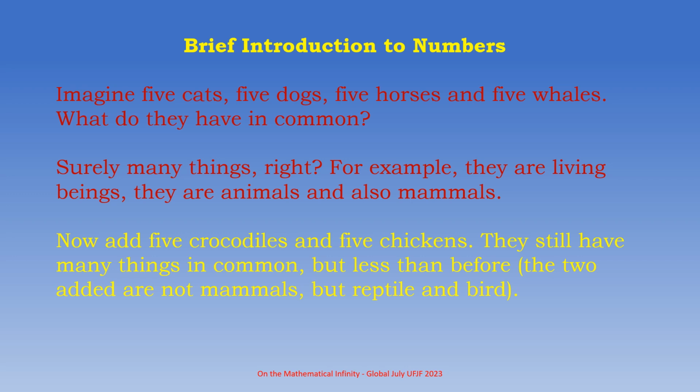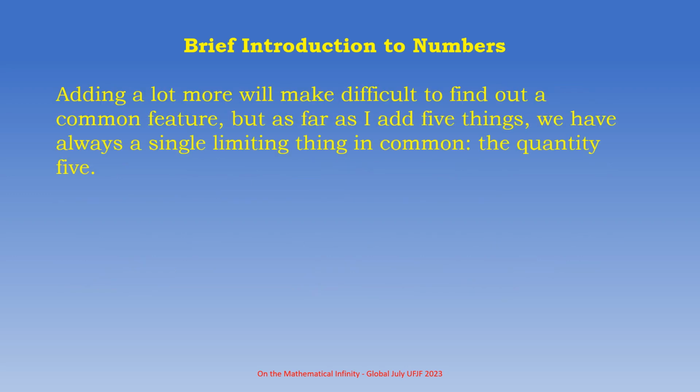They are not mammals at all. So if I add 5 more sets of 5 elements, the things in common tend to decay, right? I think you are understanding. And adding a lot more will make it difficult to find a common feature.